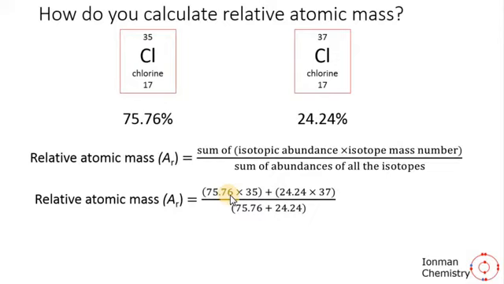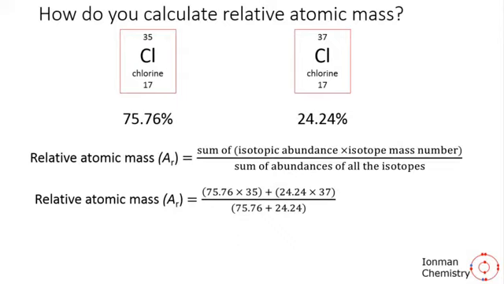You'd have to be told in the question. And you multiply that by the mass of that isotope, 35. We then add on the abundance of the other isotope here and multiply it by the mass of that isotope.